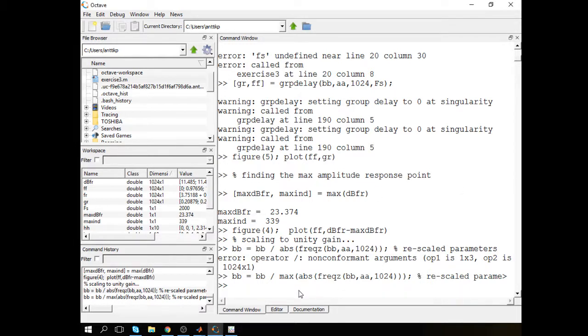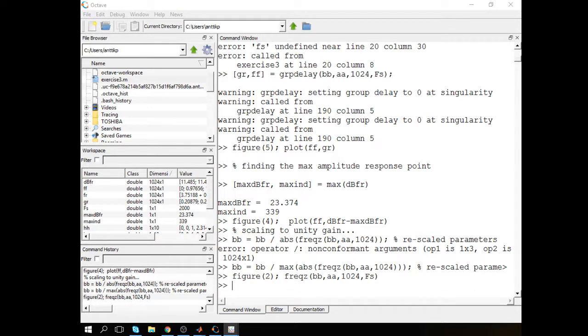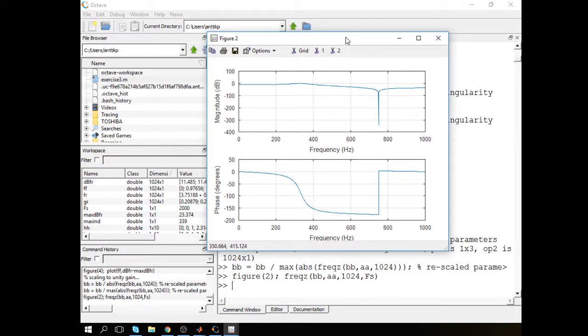There we go. Then we can do the frequency response again. Well, there's those plots. Frequency response there. And yes, now it's unity gain system.